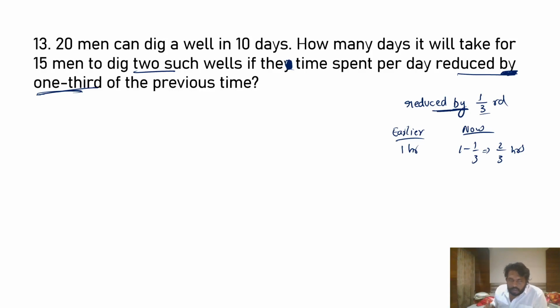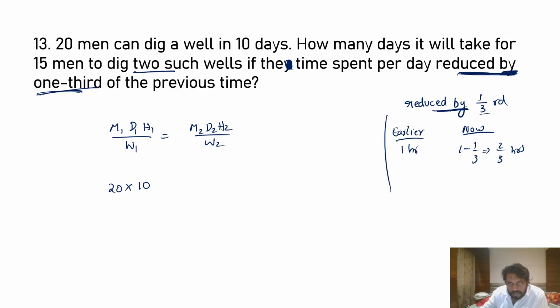Okay, I'll apply the same formula, guys. M1 D1 H1 by W1 equals to M2 D2 H2 by W2. So M1 is 20 men, D1 10 days. Maybe hours is not given directly, but because of this word you got hours. So earlier 1 hour, and work. Here he didn't say the same work.